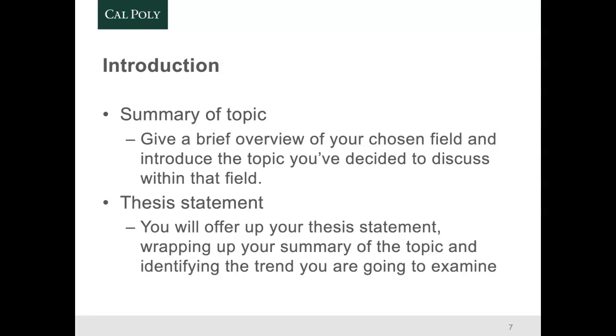Let's say that I am looking at caffeine consumption and its effect on sports performance. I would maybe start off talking about how caffeine is the most widely used drug in the world. I might then talk about how it has benefits for sport performance. And then I might funnel down even further and talk about how we don't know whether these benefits differ among gender.